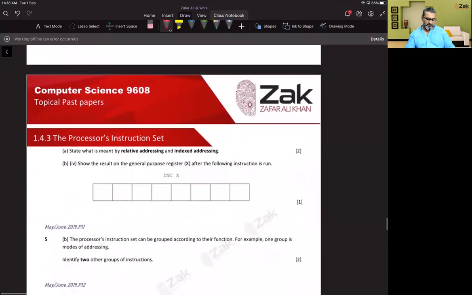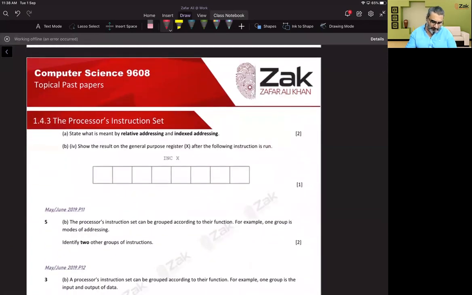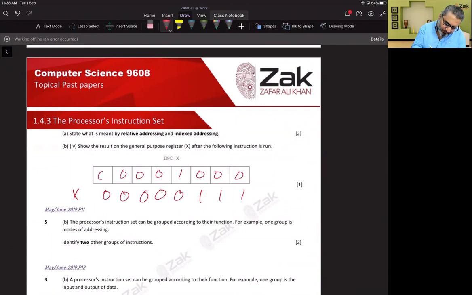Let's say register X was 000000111. So this is 7. If we increase it, it would become 8. So this is the effect of the increase. If it was 7, it has become 8 after the increase.